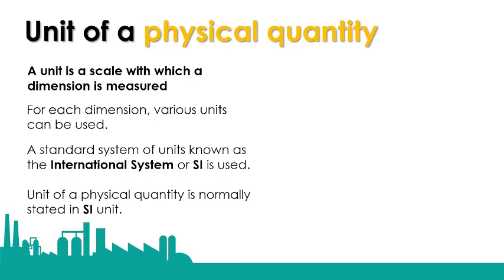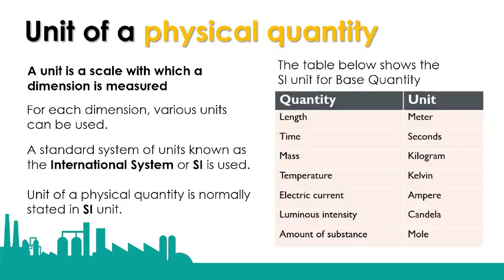Where unit of a physical quantity is normally stated in SI unit. If unit of a physical quantity is not given in SI unit, unit conversion is required. The table shows the SI unit for the base quantity.